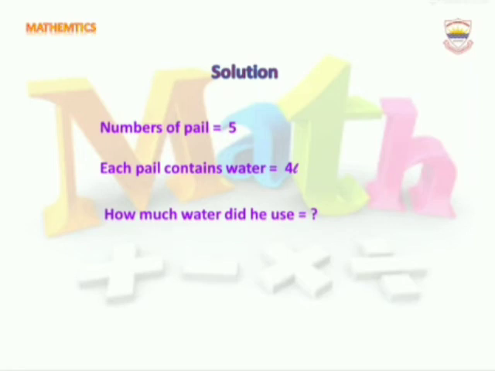For this, we multiply both numbers. 5 multiplied by 4 is equal to 20. What is 5 multiplied by 4? 5 multiplied by 4 is equal to 20. So, we can say Saad used 20 liter of water.